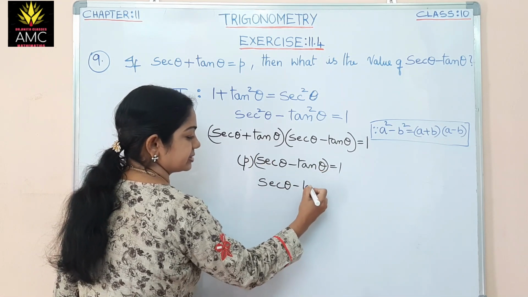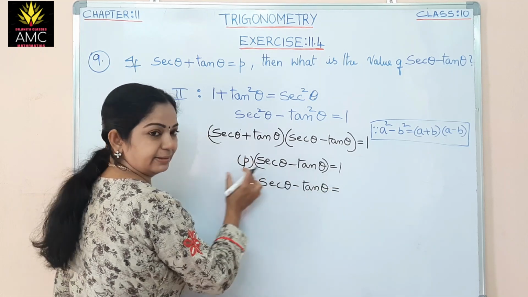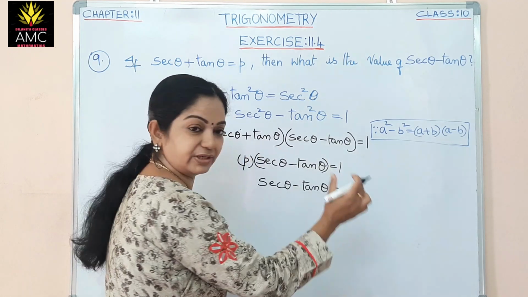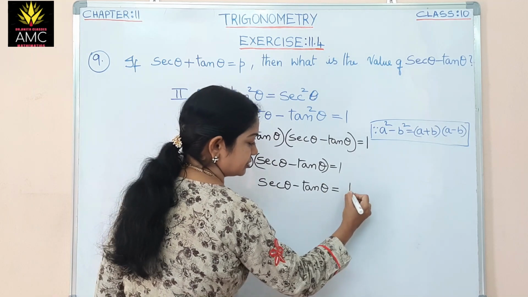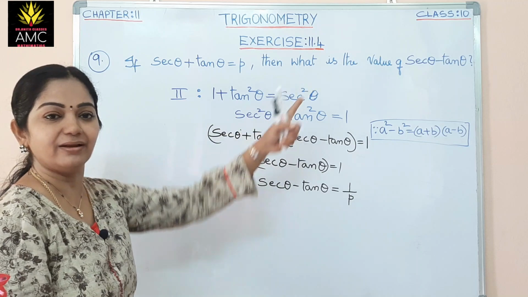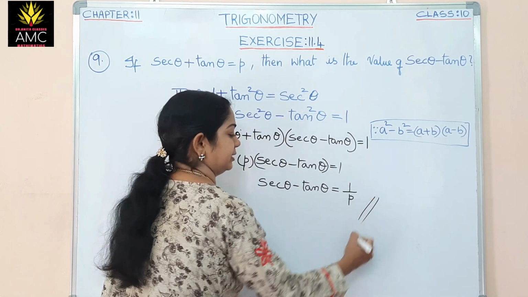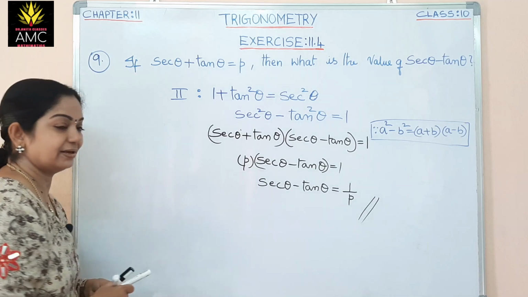This is clearly multiplied, and if it comes to the other side of the equation, it becomes divided. So 1 by P. We wanted to find the value of secant minus tan, so secant minus tan is 1 by P. Hence, we got the value of this.